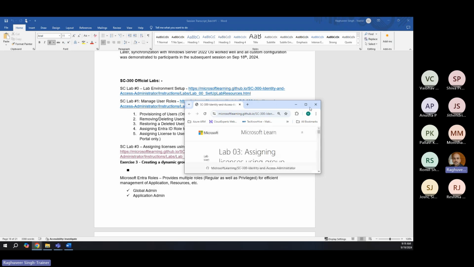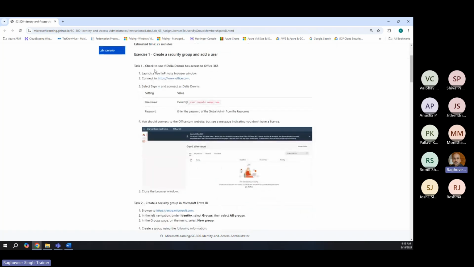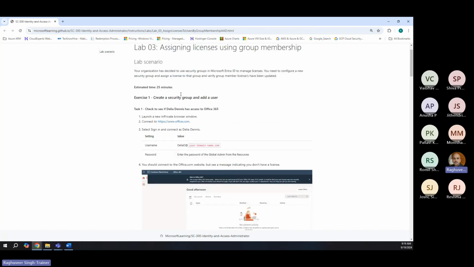Now, when it comes to lab number 3, since these labs contain instructions for a simulated environment, and we are doing it in our own environment, we just need to follow the logic, but not the instructions as they are. For example, it asks you to create a security group and add a user to it.